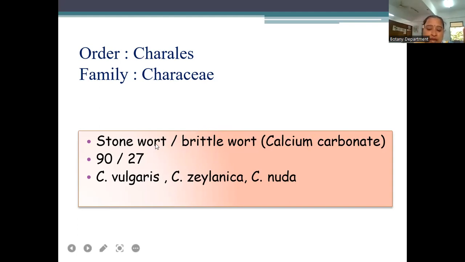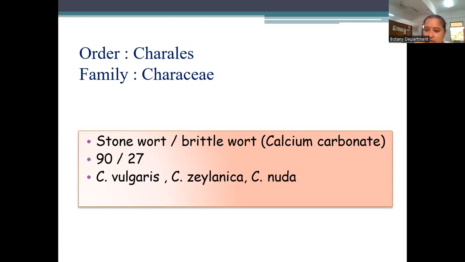Why is this called stonewort? Why brittlewort? Before I explain, it is a submerged aquatic algae. Chara is also a submerged aquatic algae. A total of 113 species are identified by scientists. They are found in water bodies, freshwater, ponds, pools, lakes, streams, and attached to the substratum.